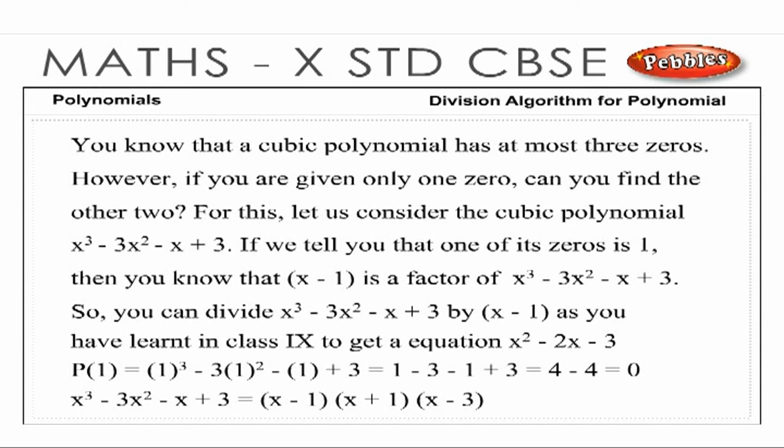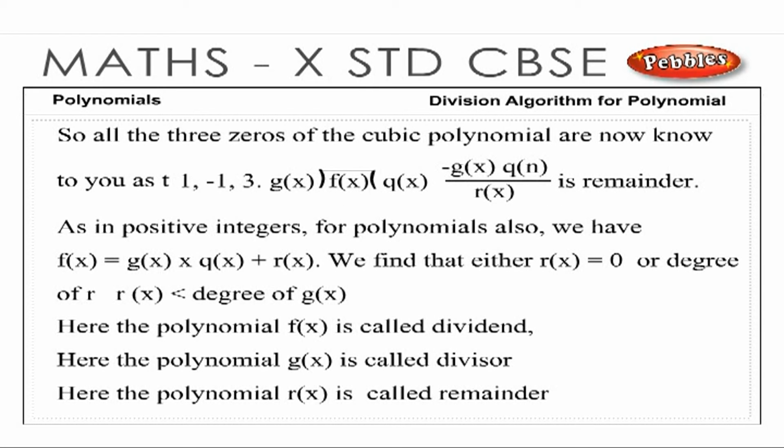So, we can divide x cubed minus 3x squared minus x plus 3 by x minus 1 to get the quotient x squared minus 2x minus 3. So, all the three zeros of the cubic polynomial are now known to you as 1, minus 1 and 3.